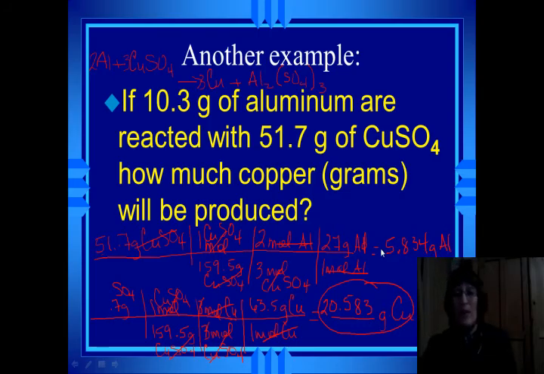So if we use up all of the 51.7 grams of copper sulfate, we will only use 5.834 grams of aluminum. So they gave us 10.3. So plug your numbers in. 10.3 minus the 5.834. And what do you have left over? You have left over 4.466.